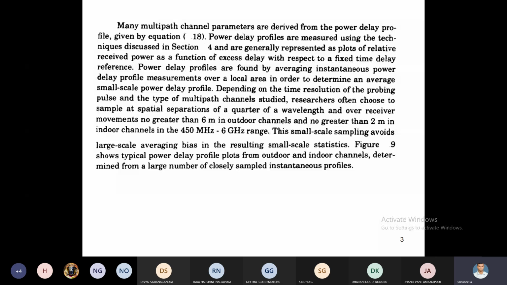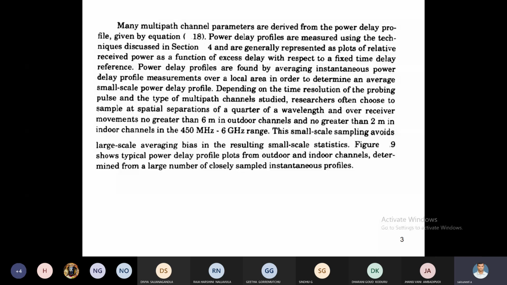Similarly, the signal is transmitted from base station to mobile station. Suppose the maximum time it takes is 10 milliseconds. If it takes more than 10 milliseconds, it is excess delay. That is the difference between excess delay and fixed time delay.